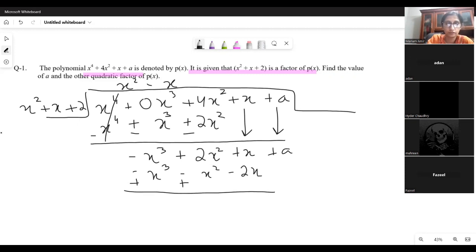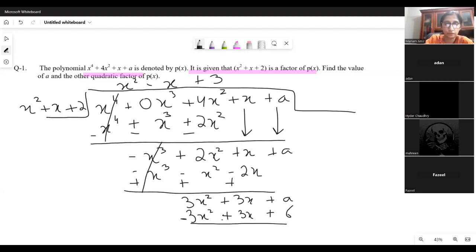Plus, plus, plus, cancels, 3x squared plus 3x plus a. Next, we'll be writing plus 3 at the top. So 3x squared plus 3x plus 6. Change the signs. Negative, negative, negative. So we get a constant term here, which is a minus 6.